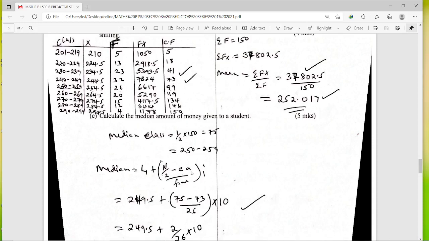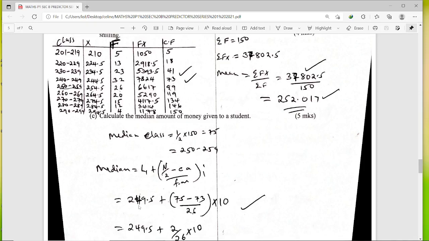CA stands for cumulative frequency above the median class. Our median class is here, so the cumulative frequency above the median class is 73. Then FM is the frequency of the median class. This is our median class. The frequency of the median class is 26.